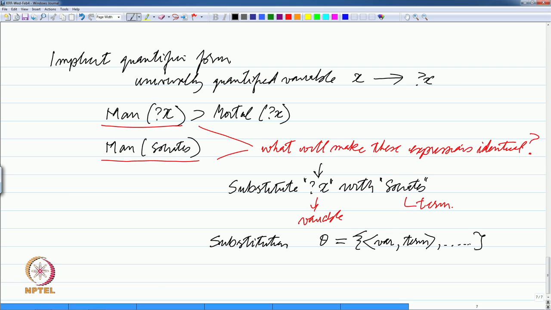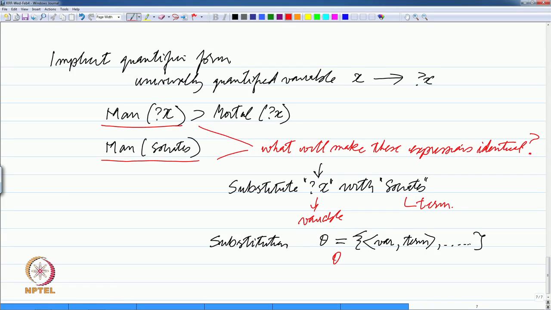So, a substitution is a collection of variable term pairs, or variable value pairs as some books would say, and in particular the substitution that we are interested in, in our example, theta says that the variable that we are talking about is x. Maybe we will sometimes put the question mark here, sometimes not, because it is really clear from the context what we are talking about, but we are substituting x with Socrates, and this is what our theta is in this example.